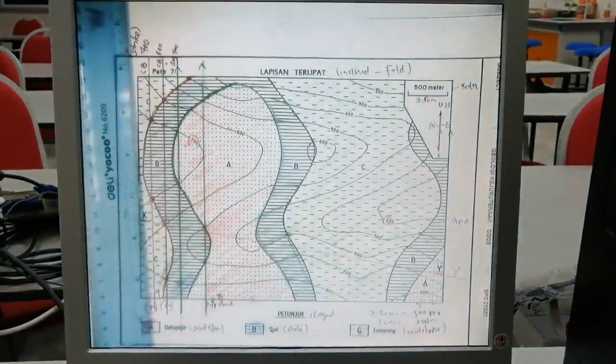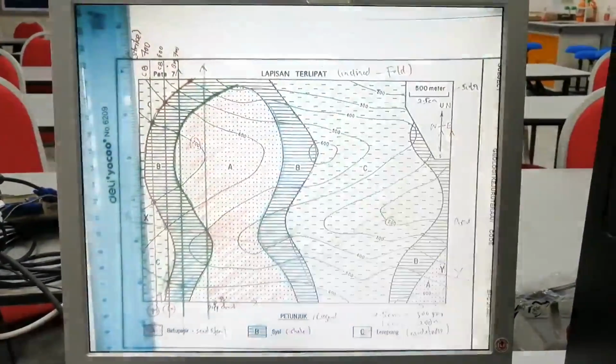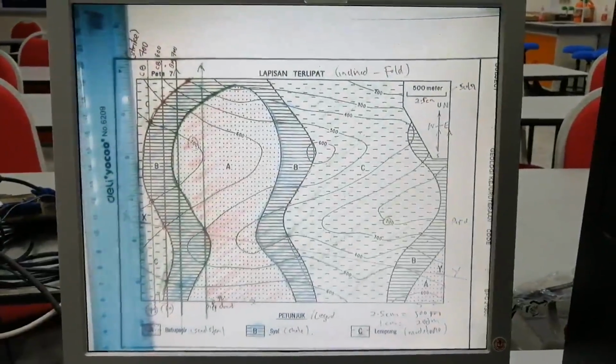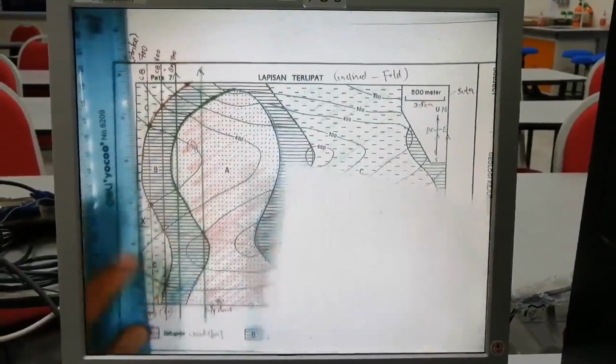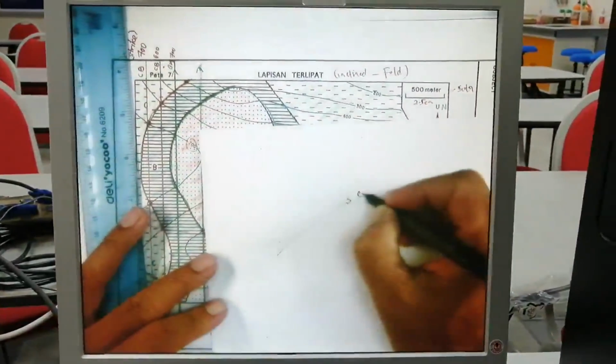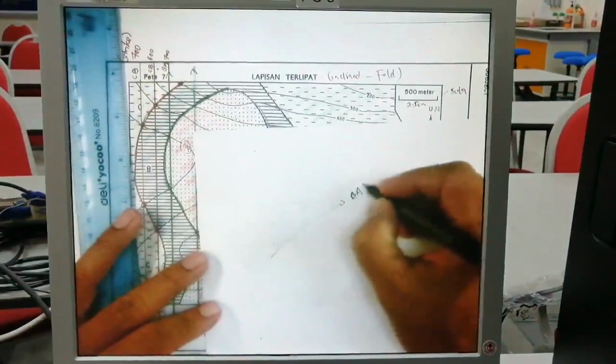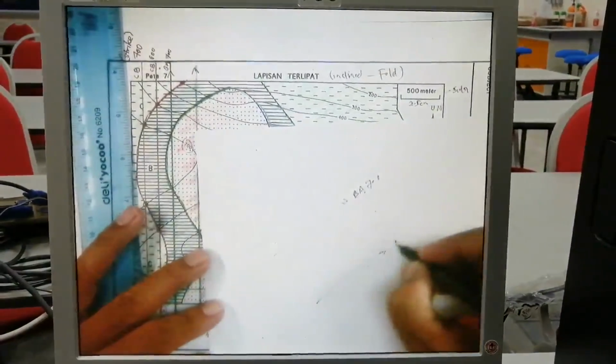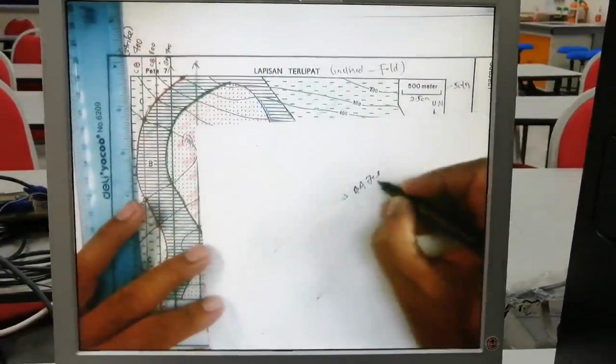This line must be parallel. So similar explanations. In this case, we have BA 700 and BA 500.